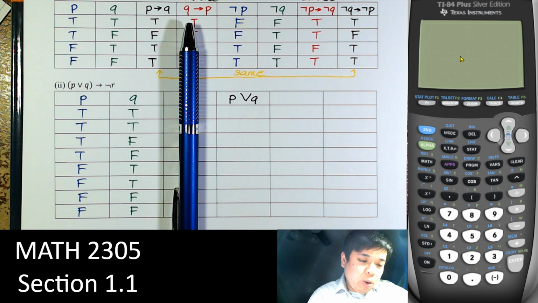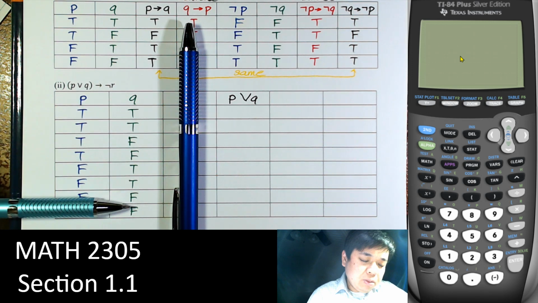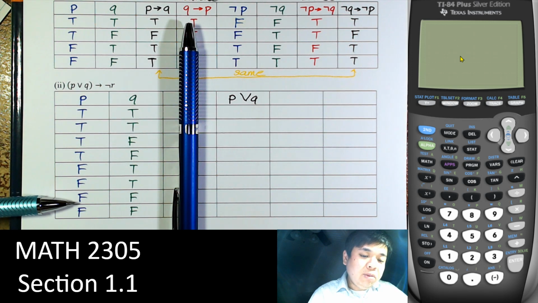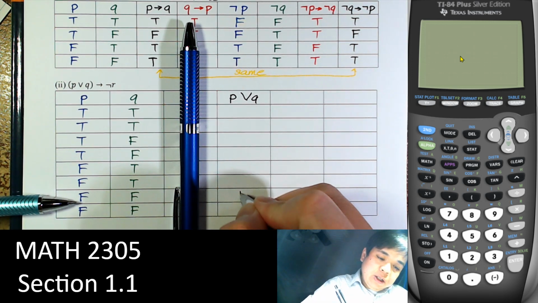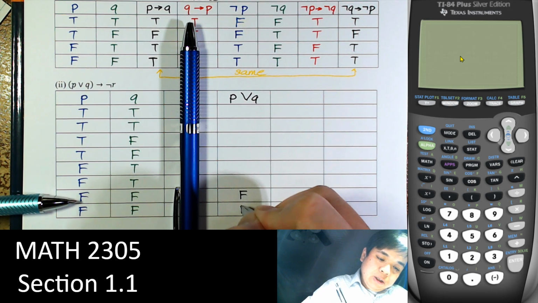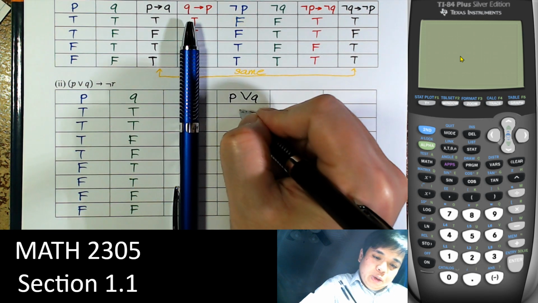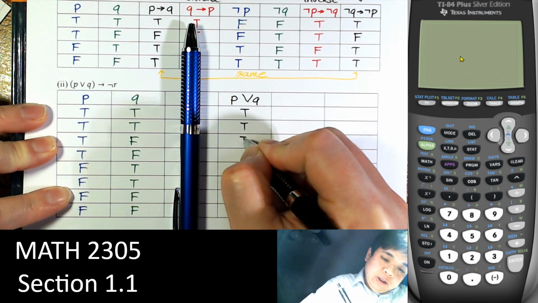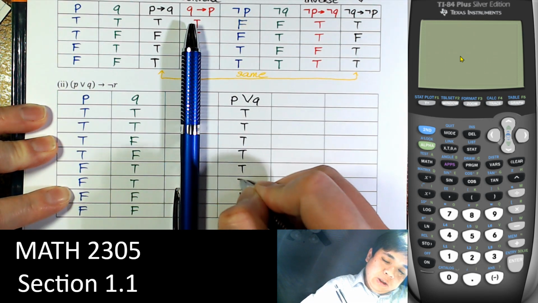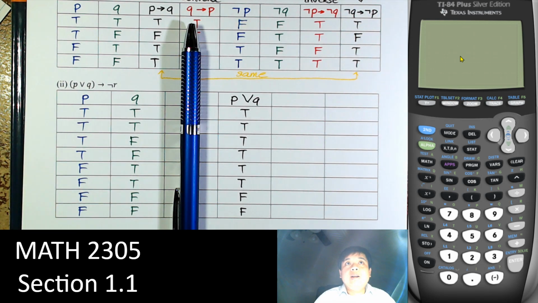So when both of them are false, false or false is false. Otherwise, at least one of them is true, so we get true. Right, that's the first.